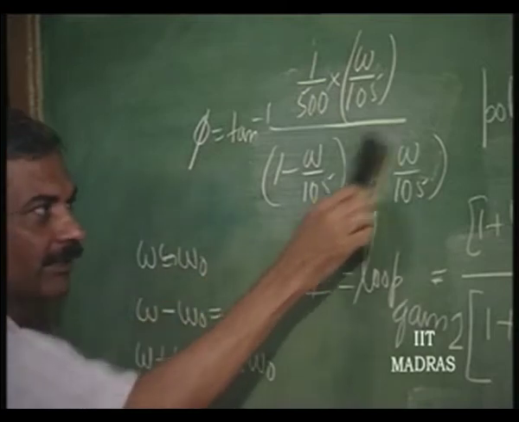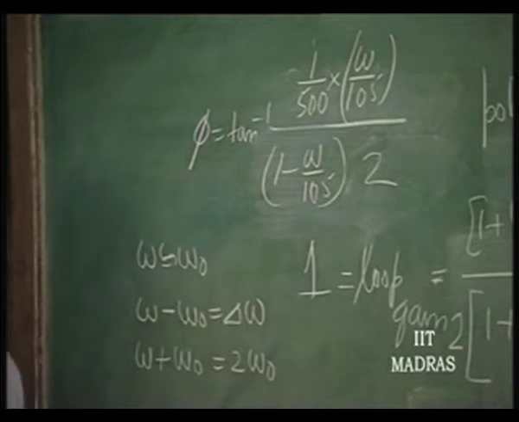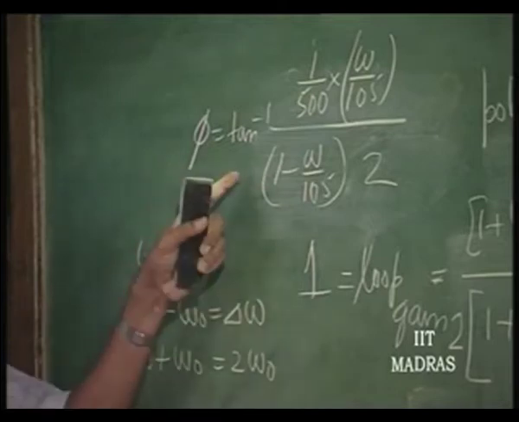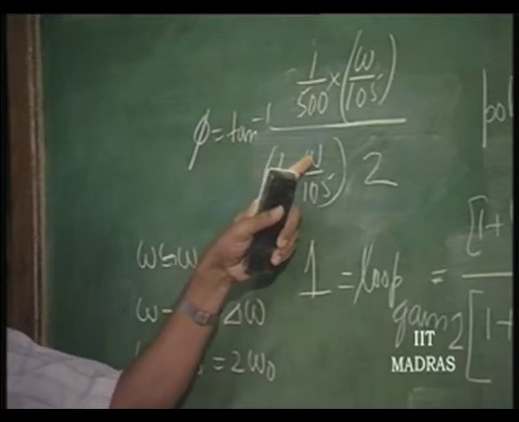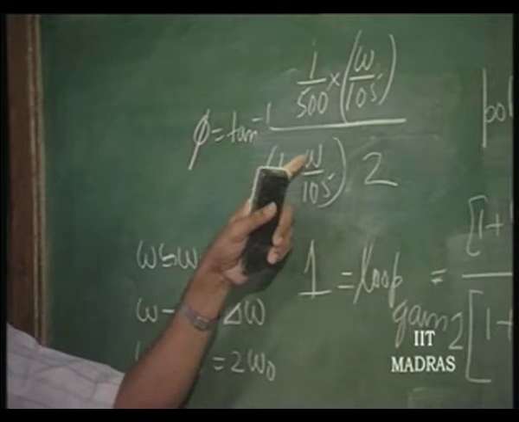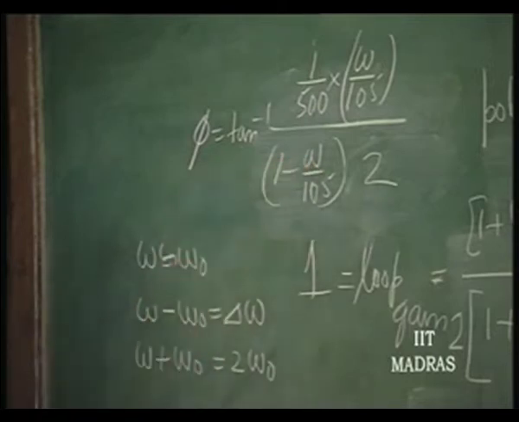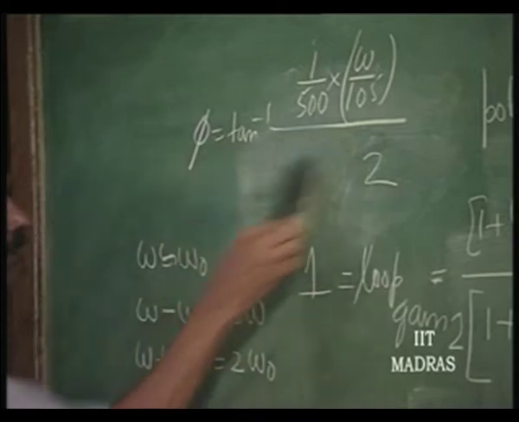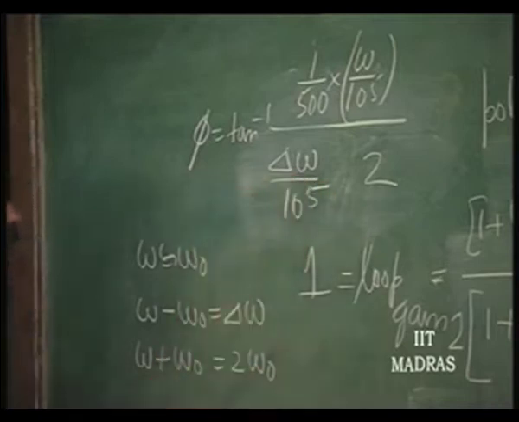This quantity is 1 minus, okay, omega plus delta omega or omega minus delta omega, that means this is delta omega by 10 to power 5, right.